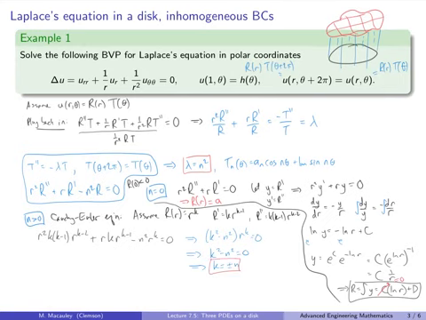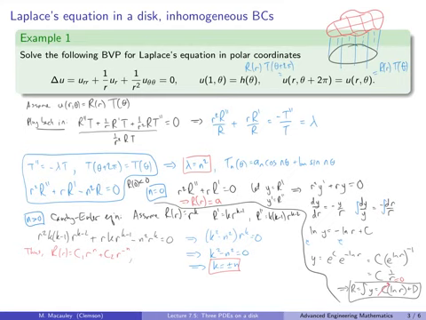So thus, in this case, we have r is c1 r to the n plus c2 r to the minus n. But again, we need our function to be defined at 0, and this is not defined at 0.